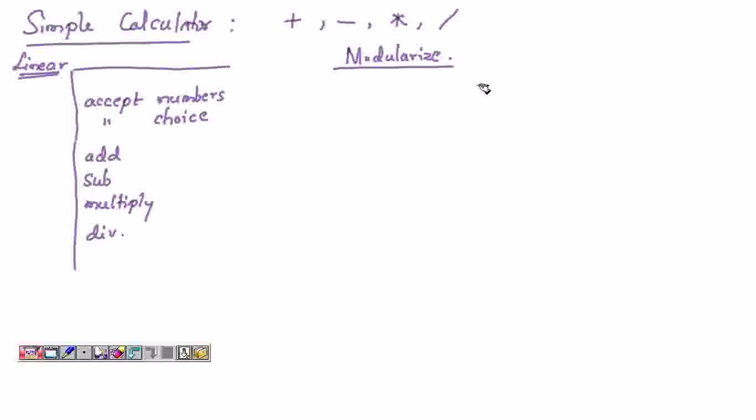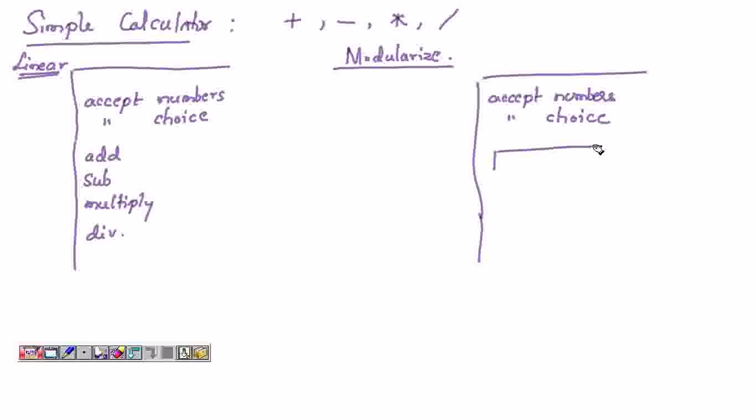In the modularized script, we write a main function which is accepting the numbers from the user. It also accepts the choice of the user, whether we need to add the numbers, subtract the numbers, multiply them or divide them. And based on that, the functions are called. The first function is the add function, which is going to do the addition of the numbers.